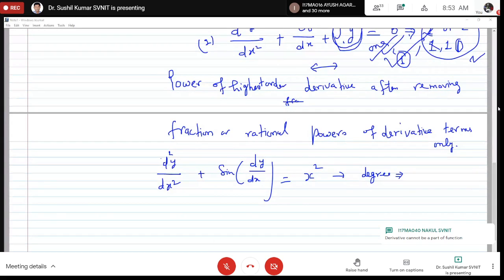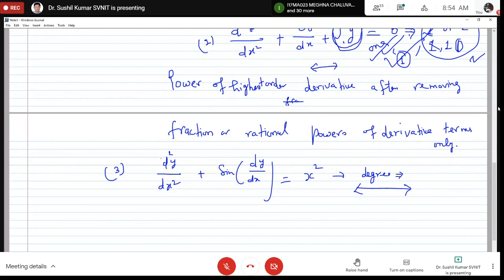Derivative cannot be a part of a function. Okay. Anybody else? Why is the degree of this differential equation not defined? Not a polynomial equation in derivative.